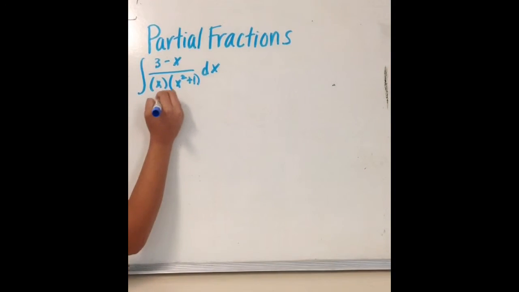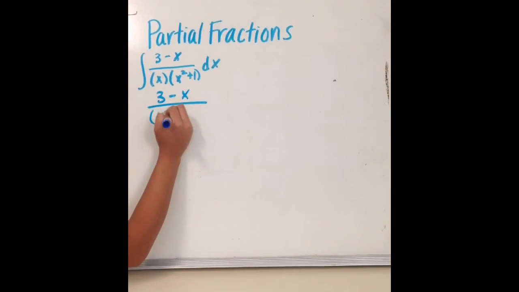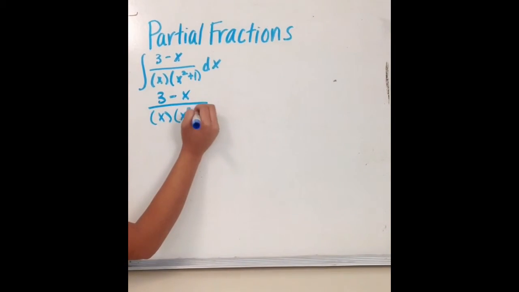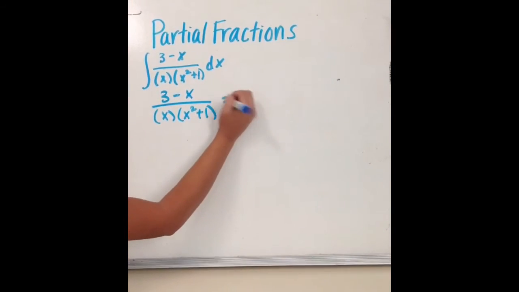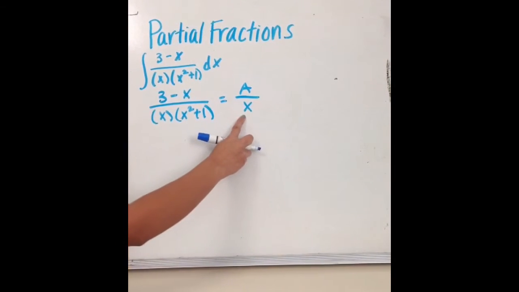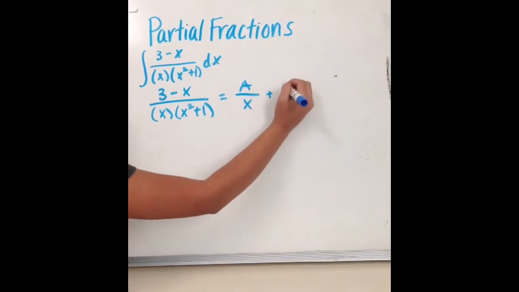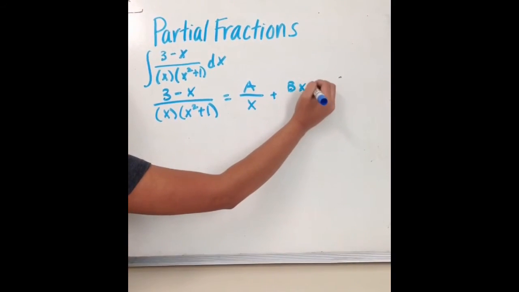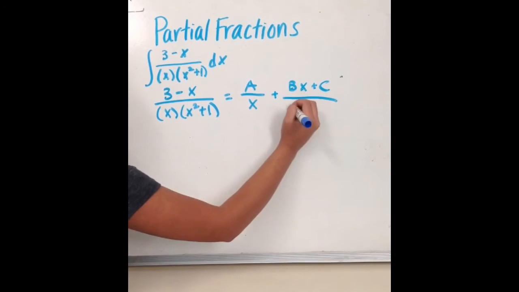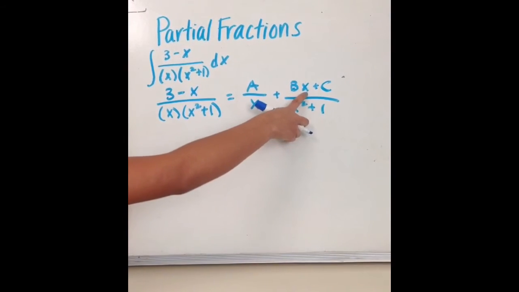So when we set this up as a partial fraction decomposition, we're going to have it equal to A over x, because this is a linear factor, this will only be one variable, plus Bx plus C over x squared plus 1. Because this is quadratic, this has to be linear.